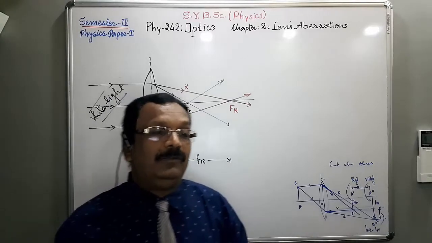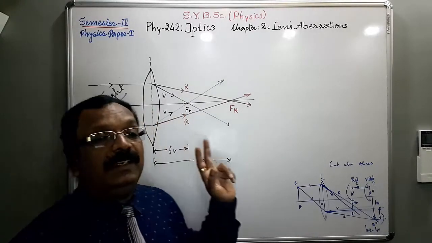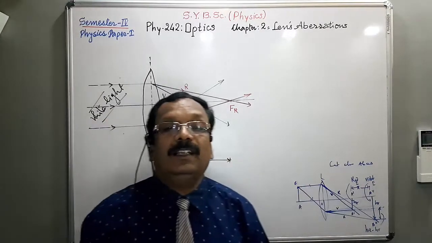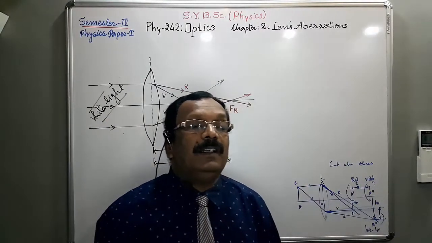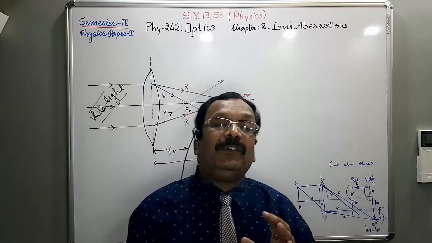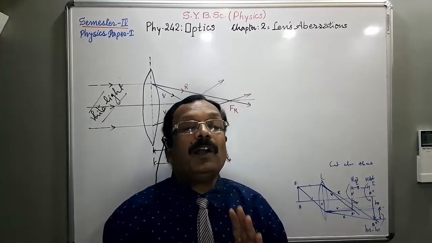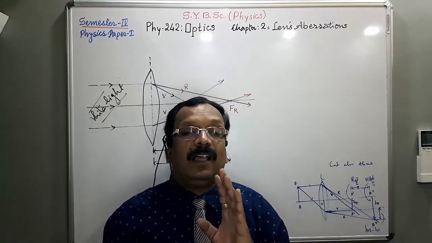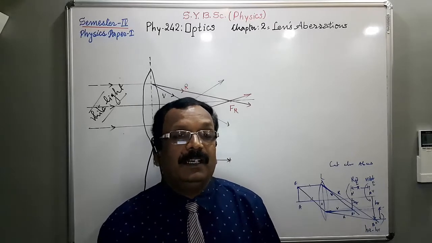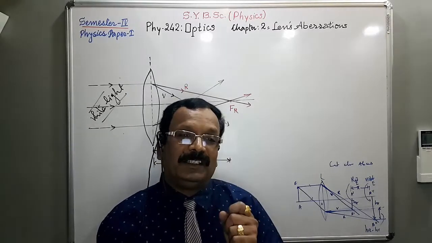I am again going to tell you that if the light coming from the object and falling on the lens is not monochromatic, that means the refractive index, and hence the focal length, are different for different wavelengths of the light. Make your concentration here.